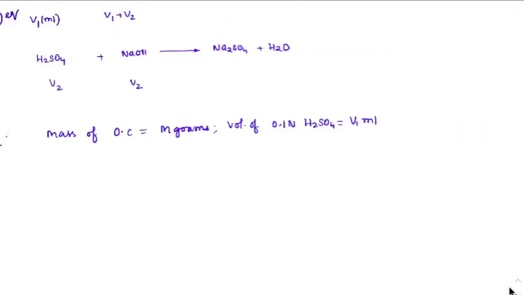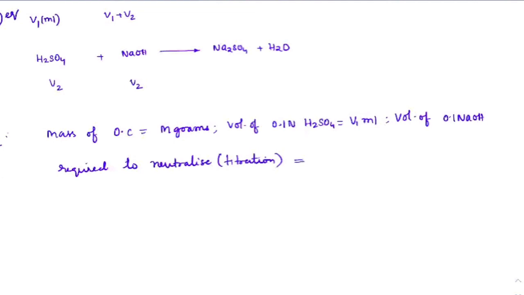I'm taking the standard normality, 0.1. The volume of 0.1 normal NaOH required to neutralize or titrate is V2 ml.